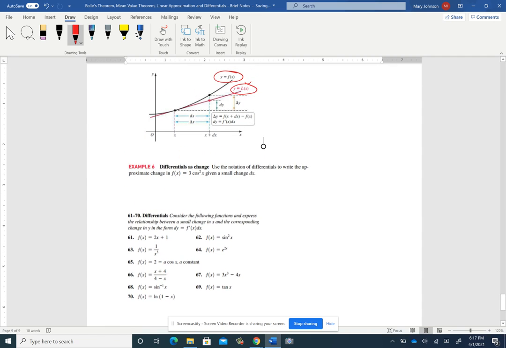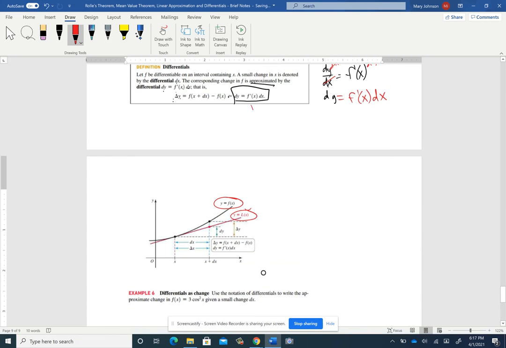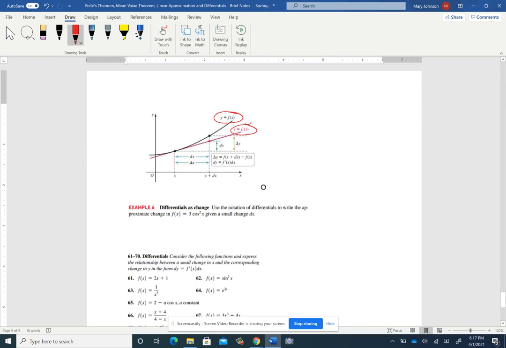So you basically go and you come up here and you take that formula and you say dy would equal f prime of x dx. So you're going to take this and do the first derivative.